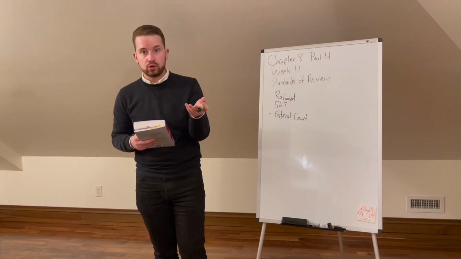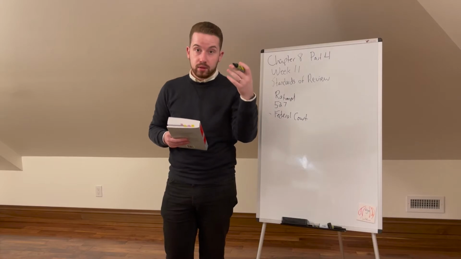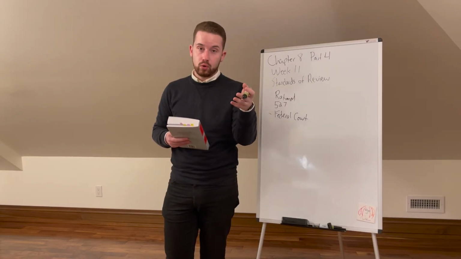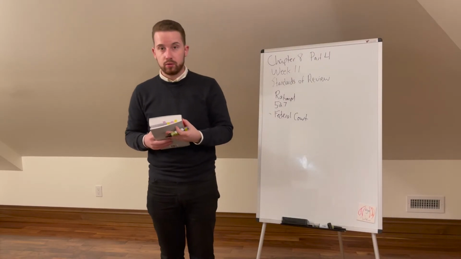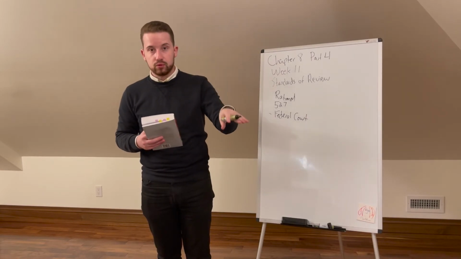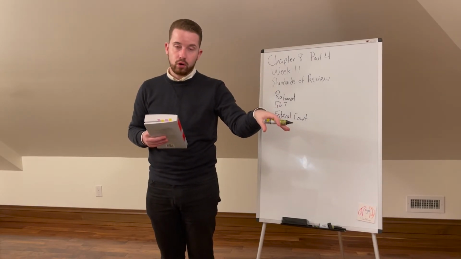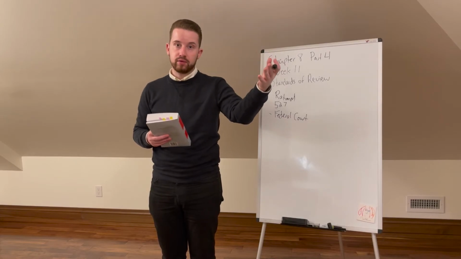Same thing for immigration. You'll recall we said there are specific tribunals to deal with immigration issues that are administrative. So you've got the Refugee Board and you've got the Immigration Board, each of which has an appeal division.